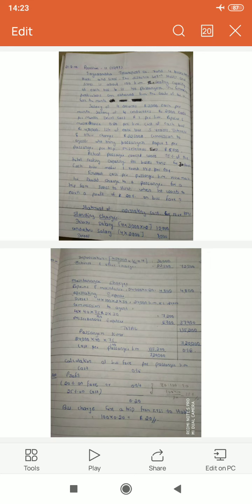Therefore, repairs and maintenance charge is specifically given as 20 paise per running kilometer. So 24,000 into 0.20, repairs and maintenance charges, is rupees 4,800.